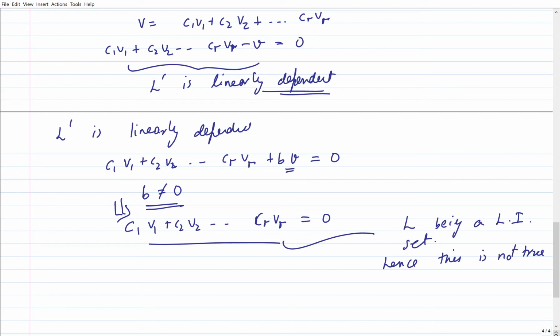And what I can do now is express V in terms of the other vectors.